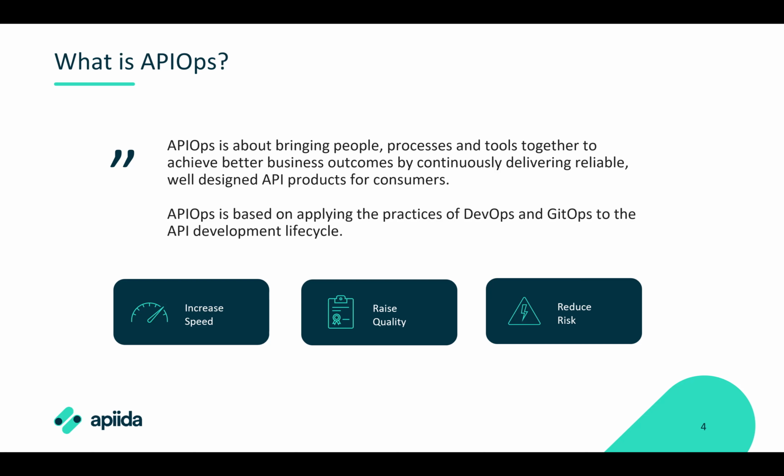Obviously, things that apply to your internal APIs or to your other products as well apply to your APIs, which means you need to be able to test and deploy changes quickly, especially if you need to fix critical errors. You need to be able to roll back.